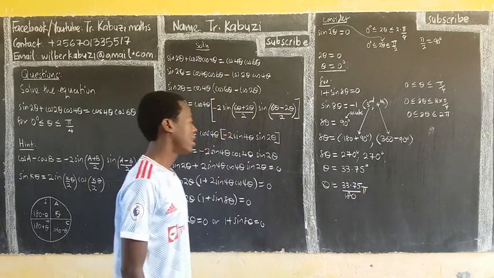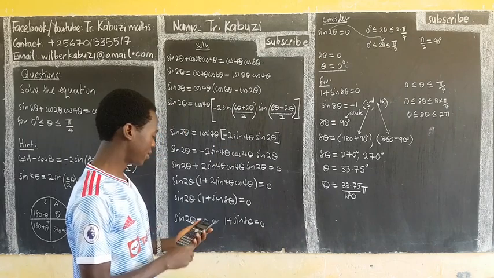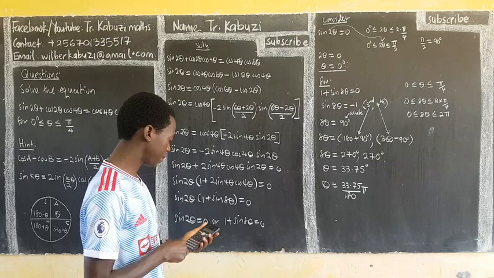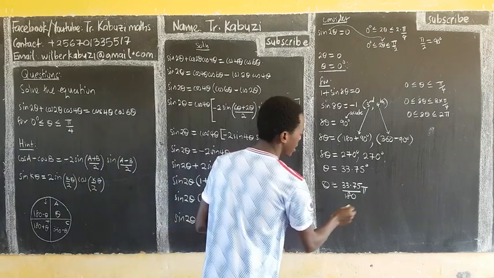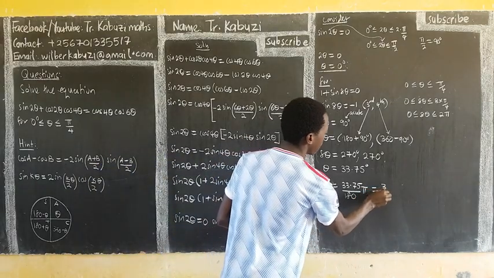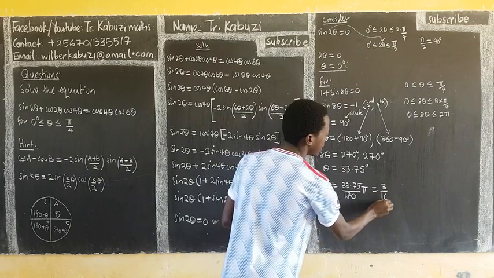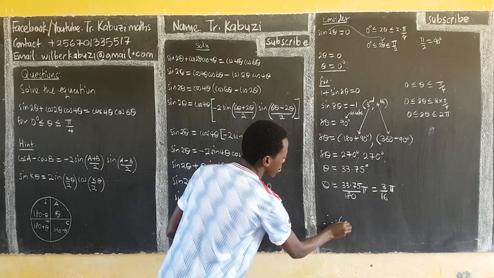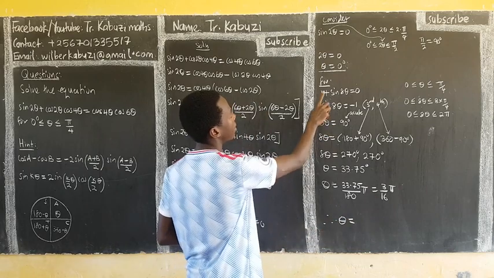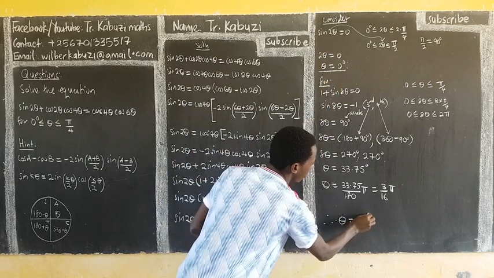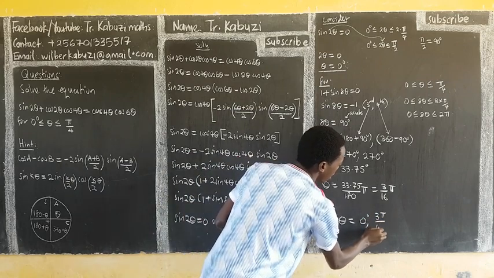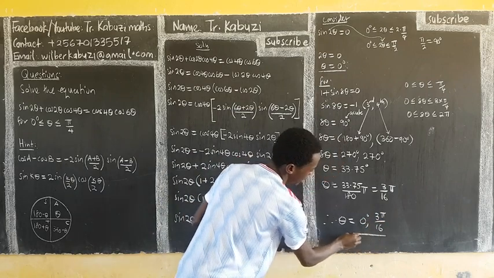You are very free to stop there, or you can simplify it to be the same as 3 over 16 pi. So therefore, our theta is going to be 0 degrees, comma, 3 pi over 16. That would be our answer.